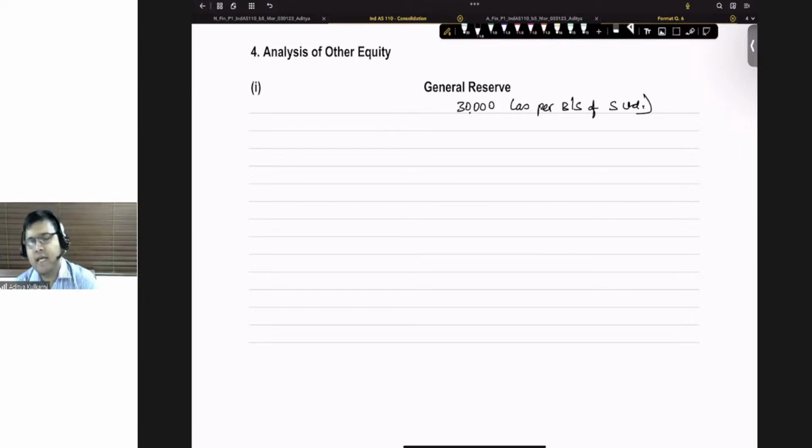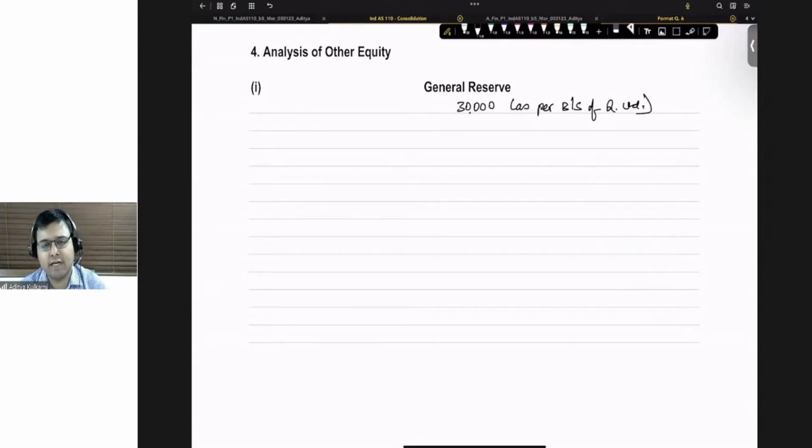We are preparing the balance sheet immediately after purchase of shares. That means this is the balance sheet as on the date of acquisition itself, practically speaking. And therefore all these profits have been earned prior to the date of acquisition. So all these profits are nothing but pre-acquisition profits. Sorry, not S, it's Q. Thank you. Balance sheet of Q Limited. So all the profits are pre-acquisition.